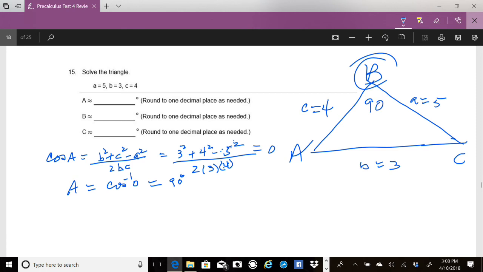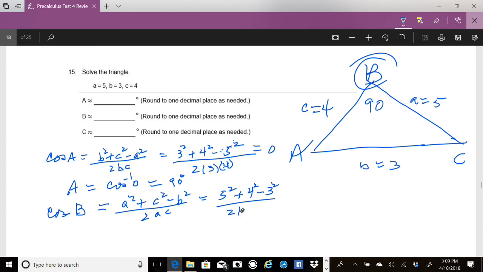And to find the other angles, we use B. Cosine of B is equal to (A squared plus C squared minus B squared) over 2AC, which is (5 squared plus 4 squared minus 3 squared) divided by 2 times 5 times 4. This equals 0.8.